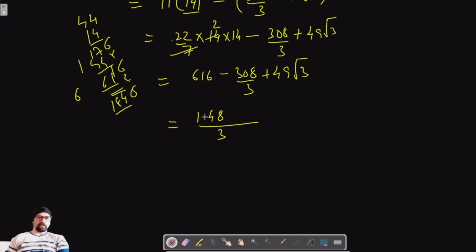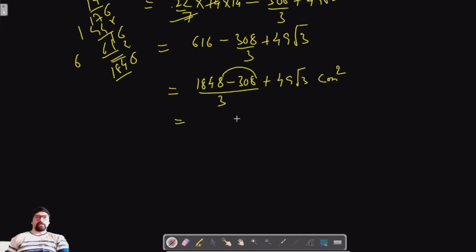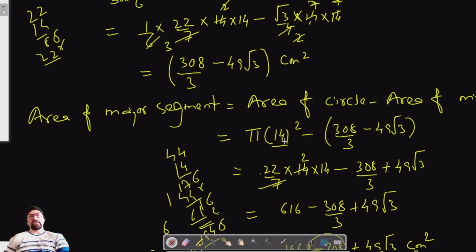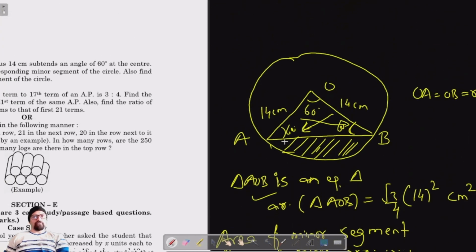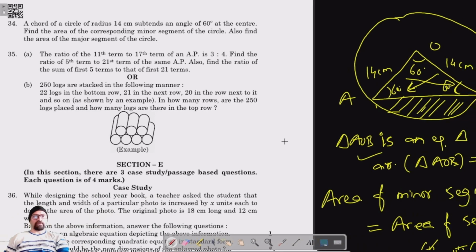This is 1848 minus 308 plus 49 root 3 centimeter square, and 8 minus 8 is 0, 4 minus 0 is 4, 8 minus 3 is 5. 1540 upon 3 plus 49 root 3 centimeter square is the area of the major segment.